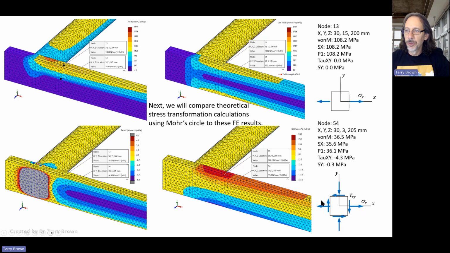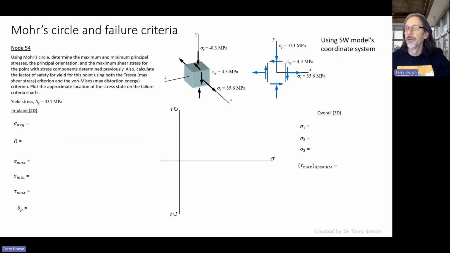A typical textbook problem on 2D Mohr's circle will say, here's some stresses on a 2D plane stress element, find the principal stresses, the maximum shear stress, the principal orientations, and so on. This is what we have, and I've drawn it as a 3D element because I'm going to include the overall 3D Mohr's circle as part of the solution.